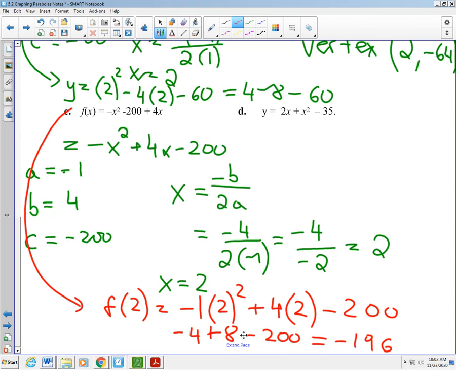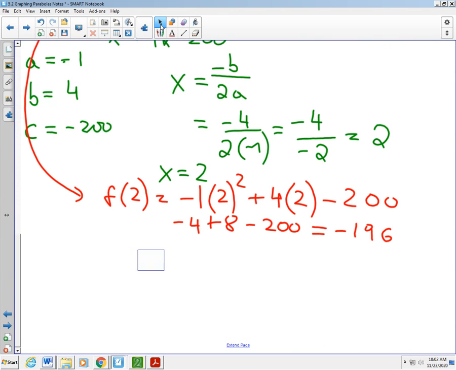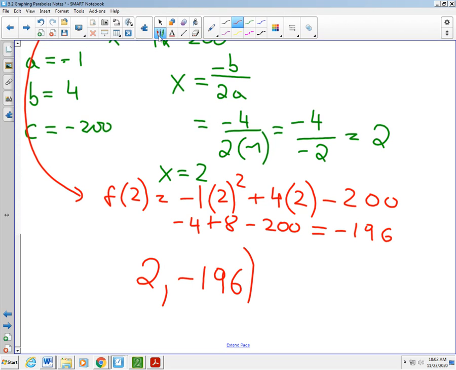So the vertex would be 2 comma negative 196. This is your final answer. And again, feel free to use desmos.com to check your solution.